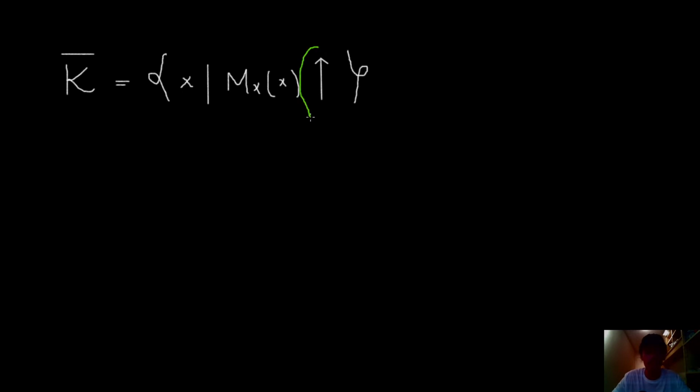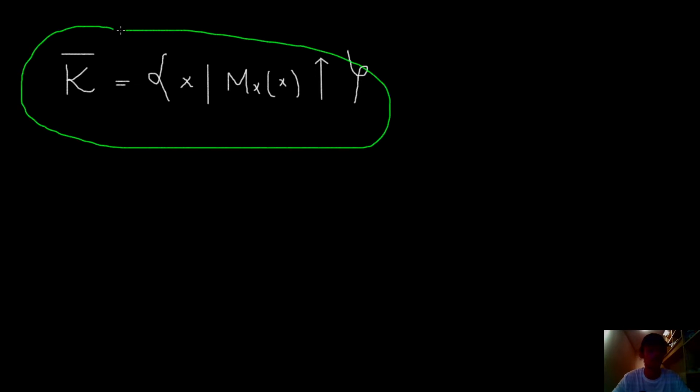Remember that the arrow pointing to the top means that the program doesn't stop. So the set complementary K is all elements x such that the Turing machine x with the same input x will not stop. It will be running forever. So this is our set, the set complementary K.